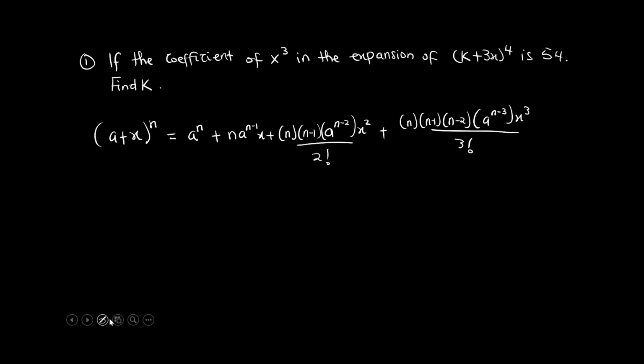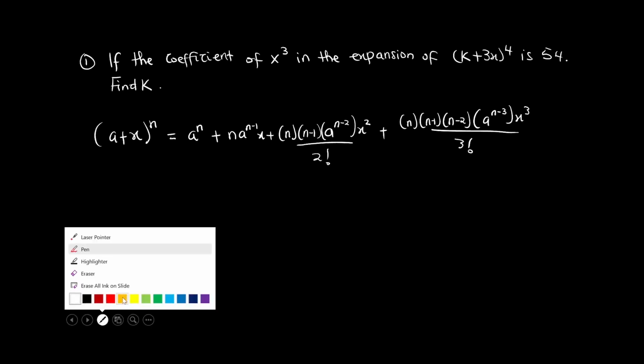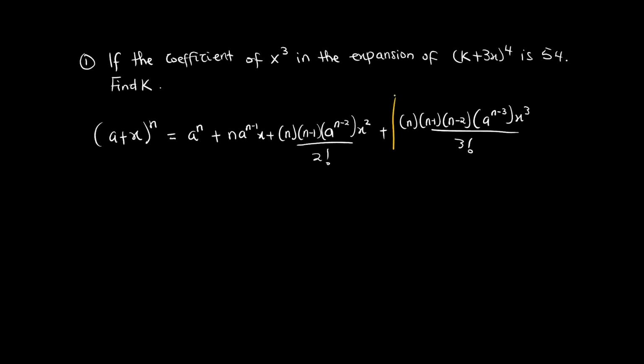So in this particular problem, this term is what you are going to equate to 54x cube, because they say the coefficient of the x cube is 54. So it means if you expand everything over here, the answer you're supposed to get should be equal to 54x cube.